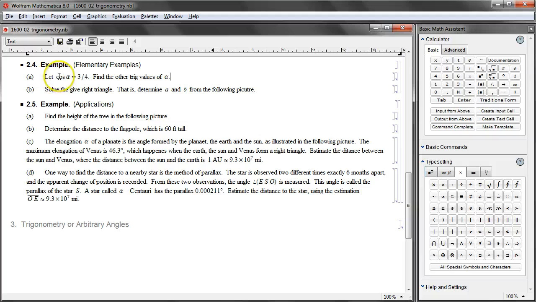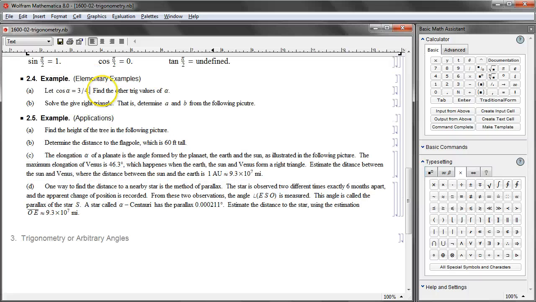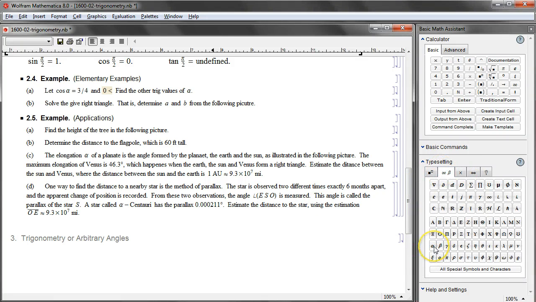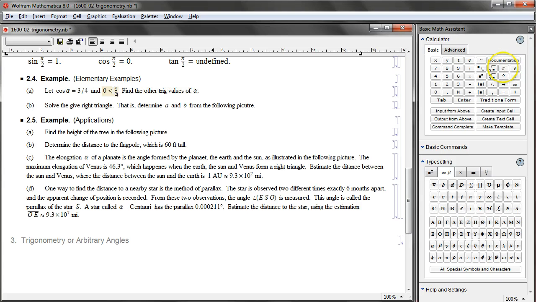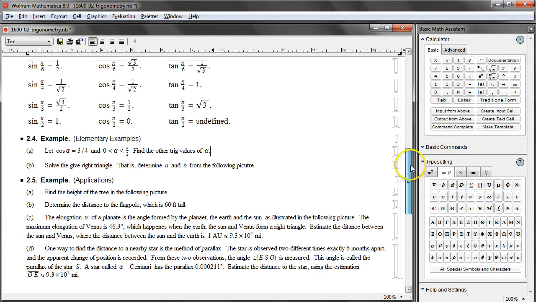And here we go. Cosine of alpha is 3/4, and find the other trig values of alpha. Oh, actually, I forgot one thing. Okay, sorry about that.